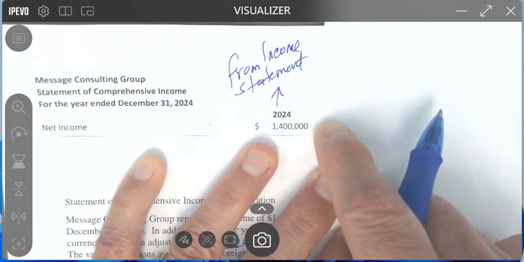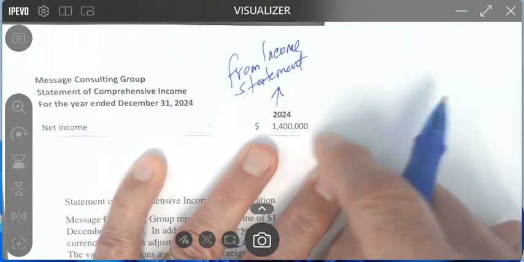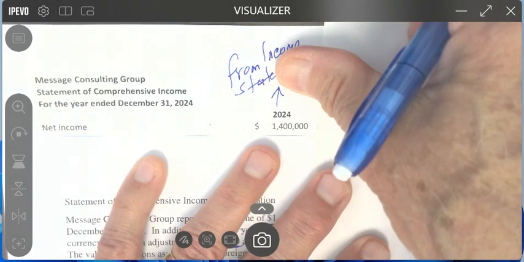And then the statement of comprehensive income starts there and continues on.